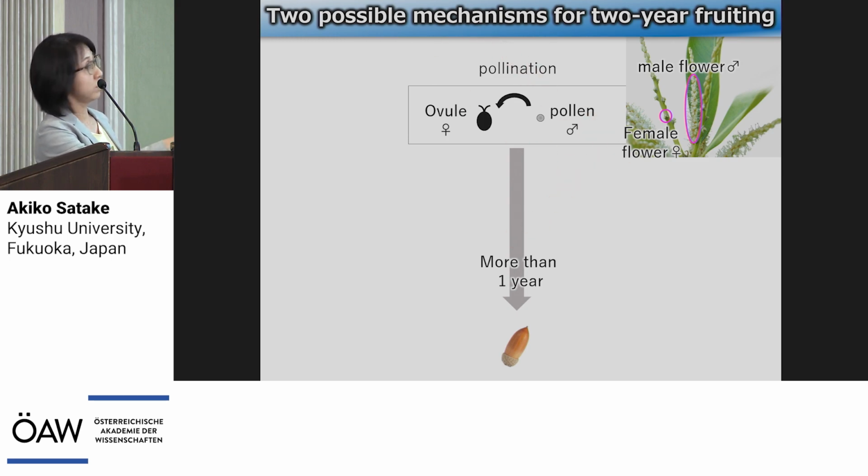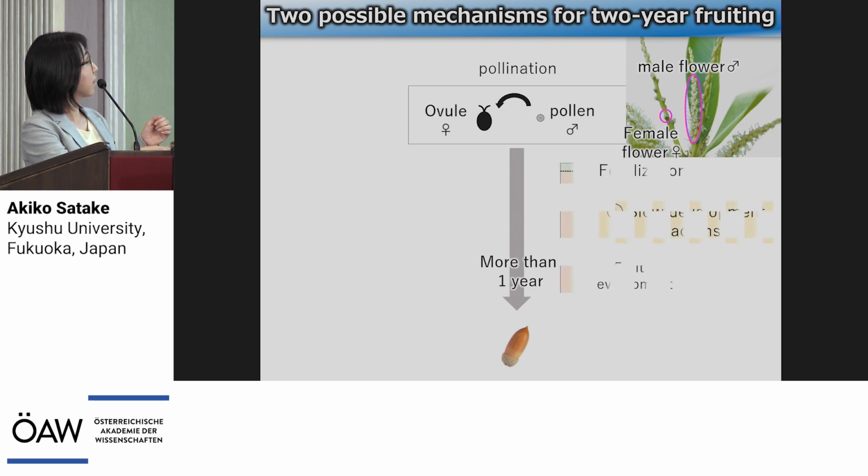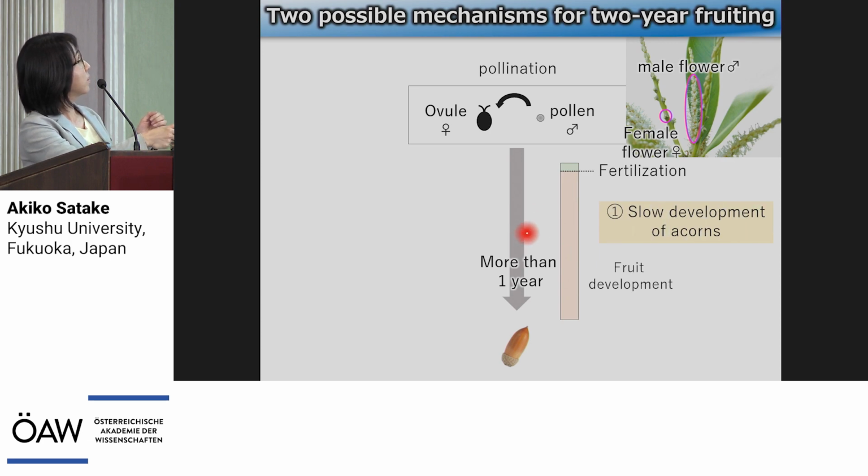In two-year fruiting species, they need more than one year to mature acorns. So one possibility is that right after pollination, fertilization happens, but acorn development is very slow.